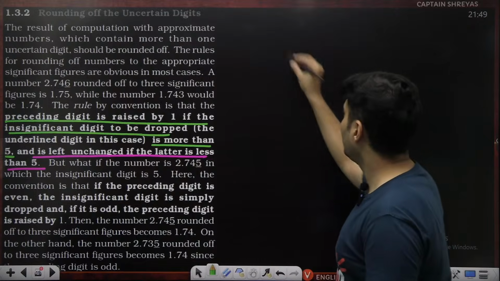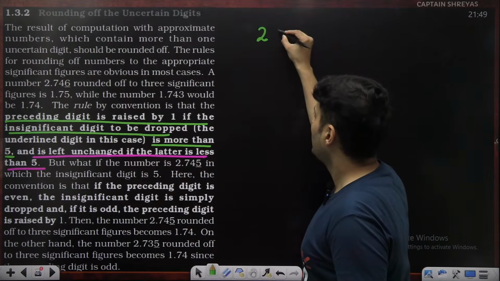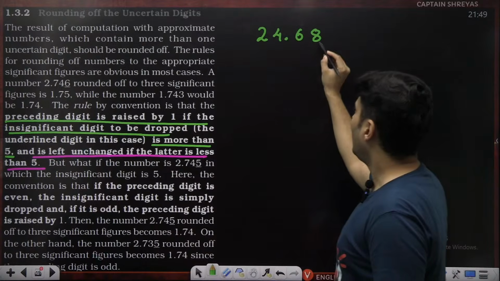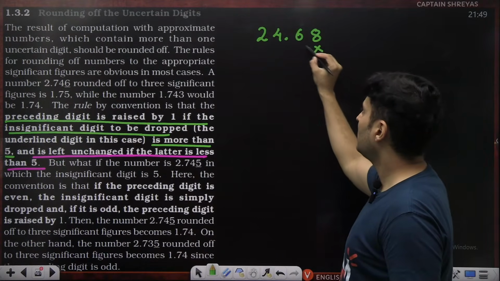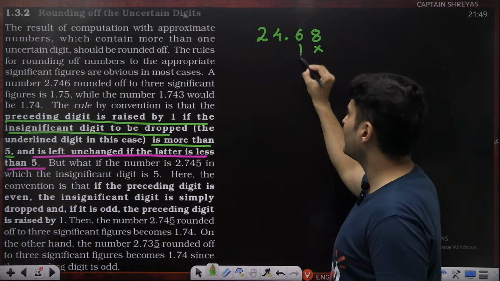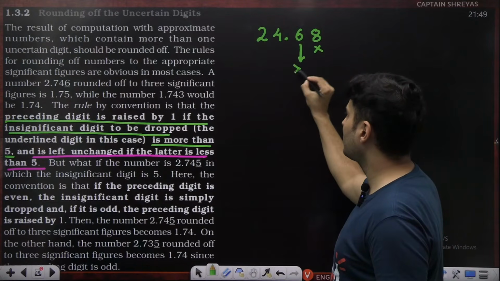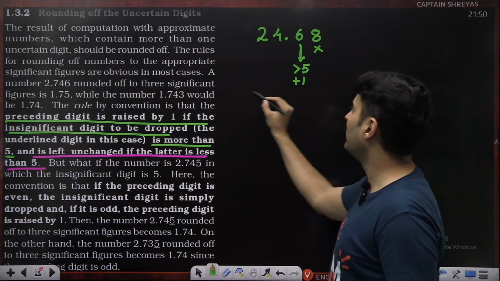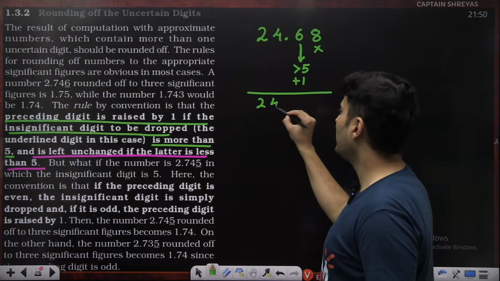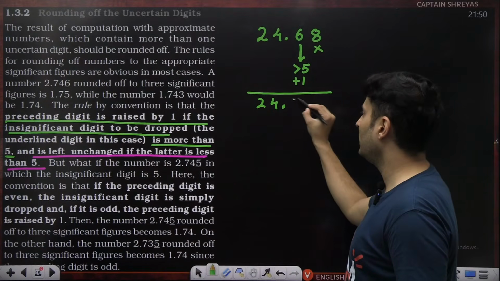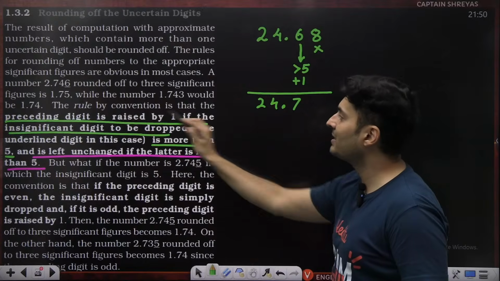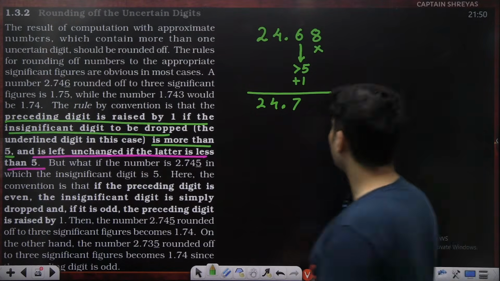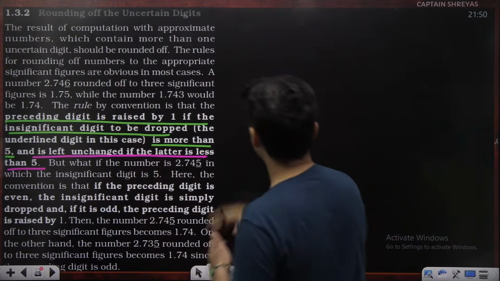What does it mean? It means if I have the number 24.68, I want to get rid of this. Check the previous digit. Is this 6 more than 5? Yes. So you add 1 to it. Sorry, my bad, I did it the wrong way.